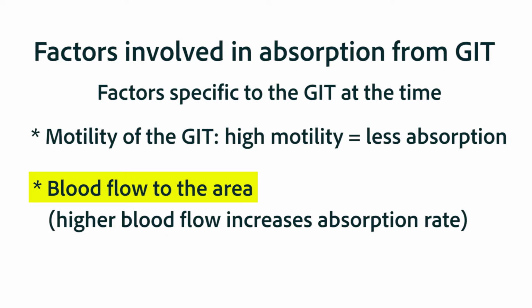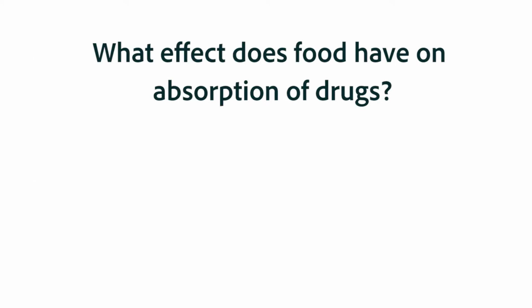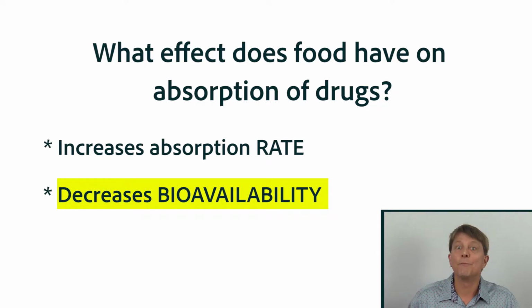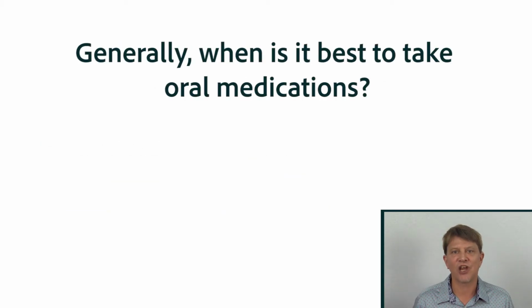And this is an interesting one. A meal increases the blood flow through the GIT, so you'd probably predict that it's best to take medications with food. But in reality, food often decreases the bioavailability of the drugs, or in other words, decreases the fraction of the drug that ultimately reaches systemic circulation unchanged.